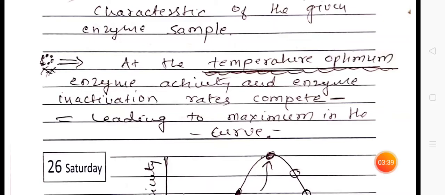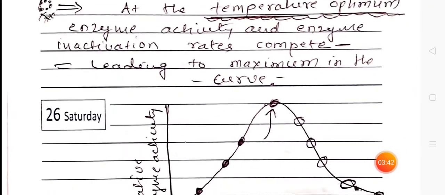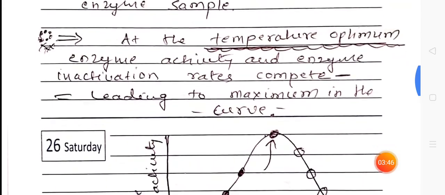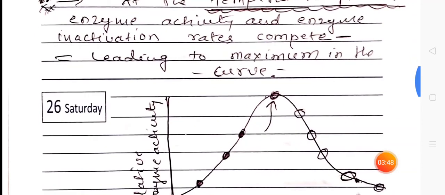Hence it is the optimum temperature. Where the arrow mark is, it is called the optimum point, a particular temperature where enzyme activity and enzyme inactivation rates compete, leading to a maximum in the curve.